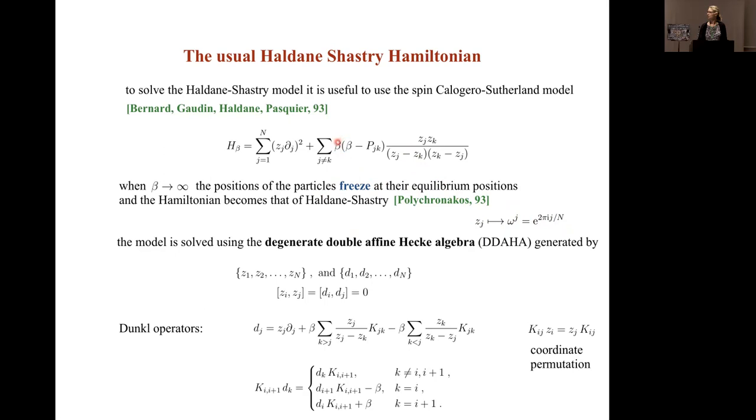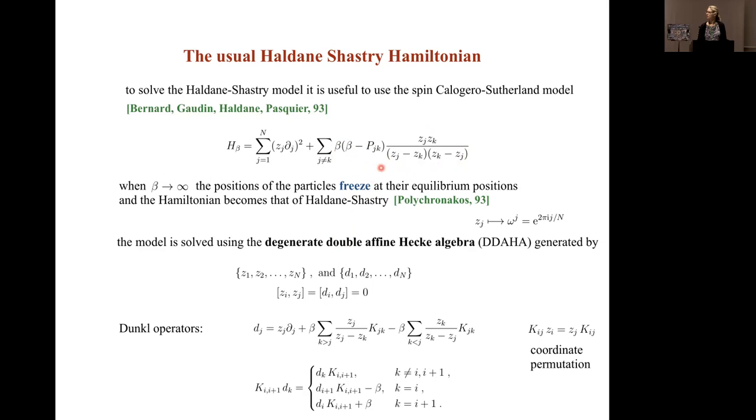When you send beta to infinity, this kinetic term will be very small compared to the main potential energy, and the beta squared term is constant, and then what is left is just this Haldane-Shastry term. So that's the strategy to solve Haldane-Shastry: solve this model and then take the freezing limit.